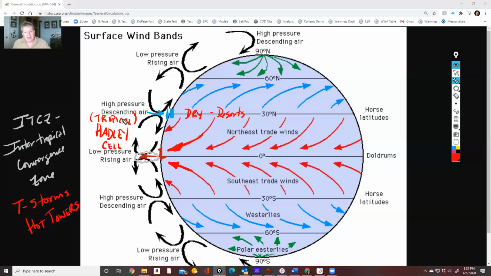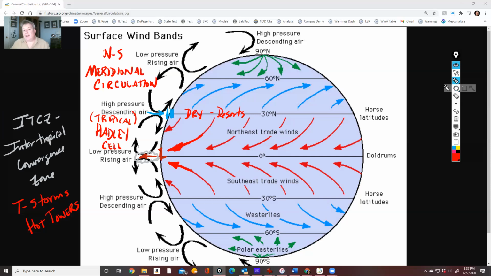Now, because I've got this circulation, do you agree that it is north and south circulation? So the Hadley cell is what we call a meridional circulation, which means it is north and south.